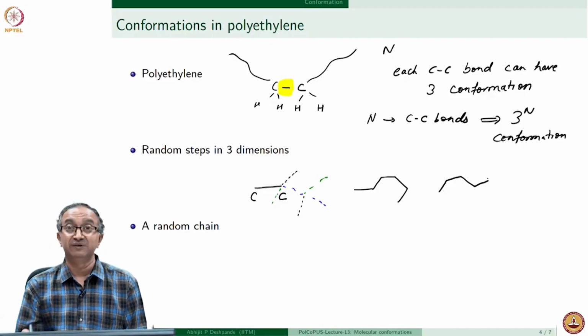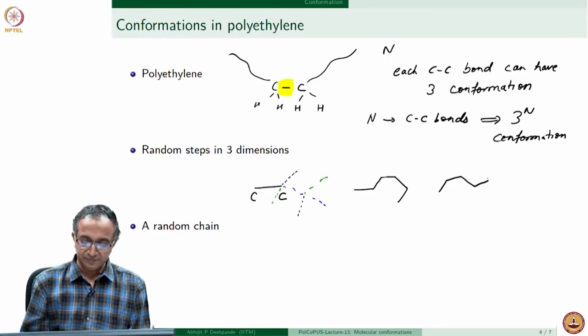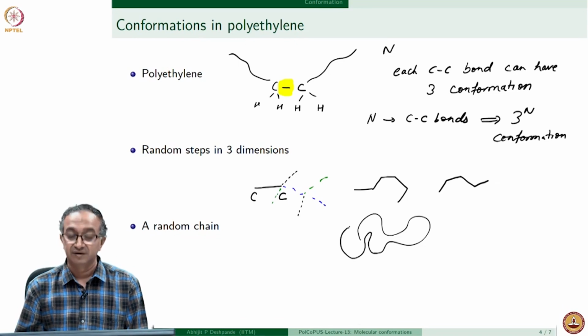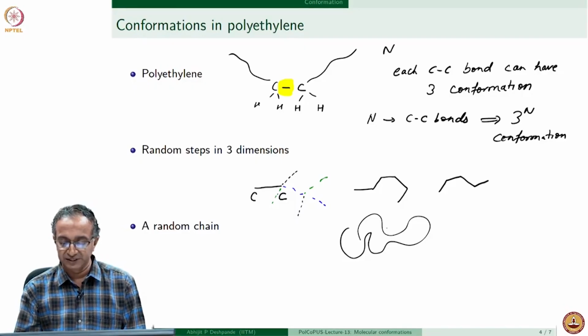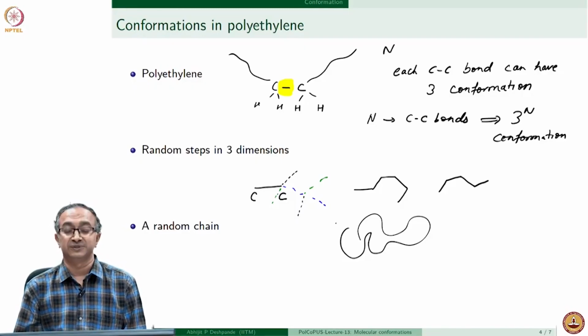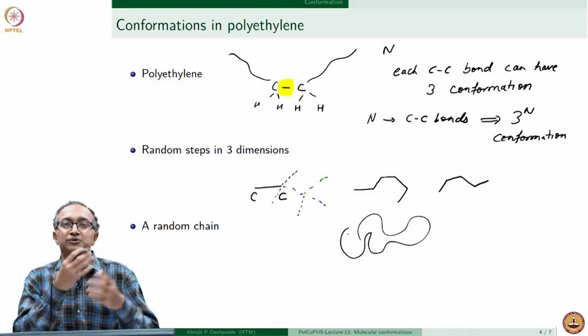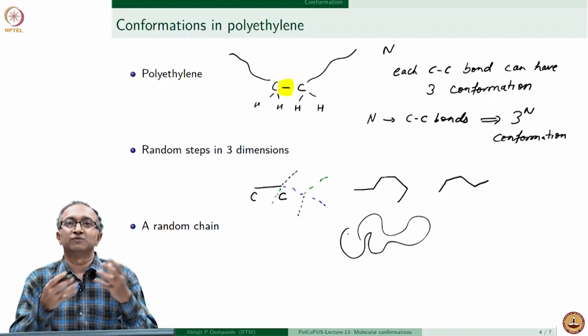So what we will show is that polymer will be like a random chain where each and every step, because there are thousands and thousands of steps, when I draw the overall polymer chain, it looks like a random chain which keeps on bending over each other, keeps on collapsing over each other.